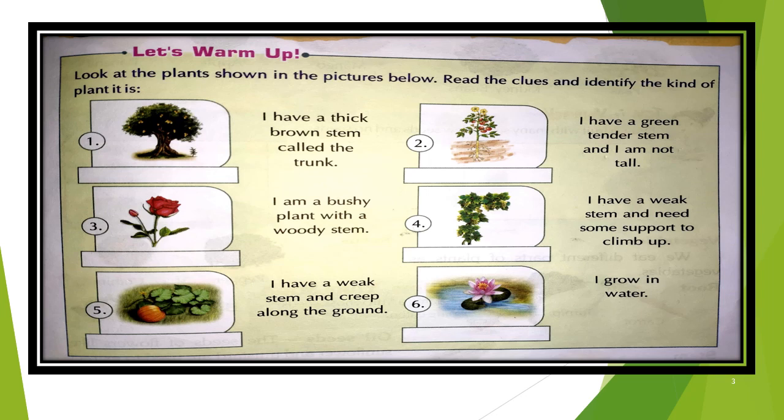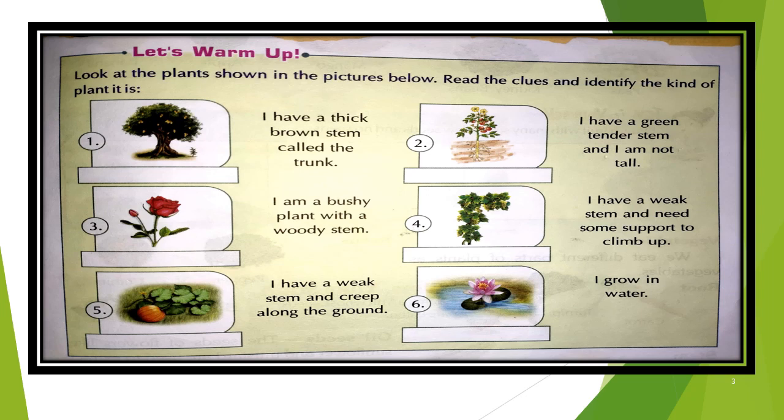First one is, I have a thick brown stem called the trunk. This is the clue which is given to you for the first picture. And the answer is trees.